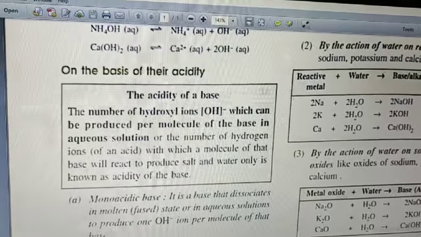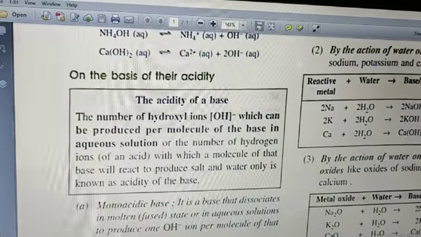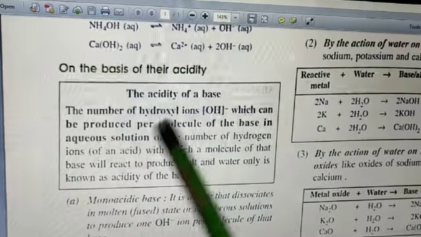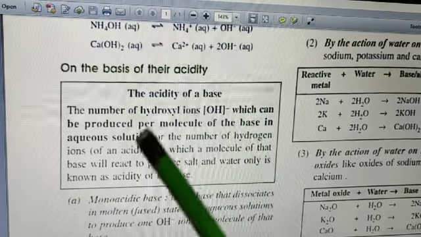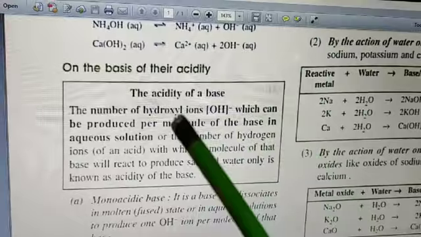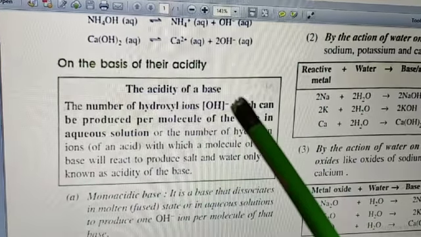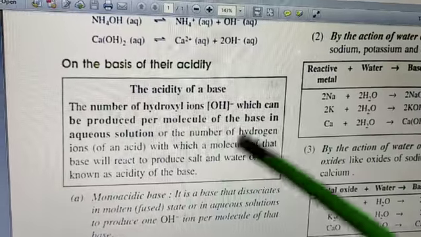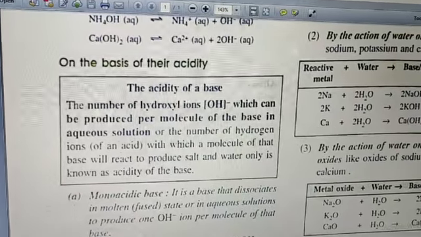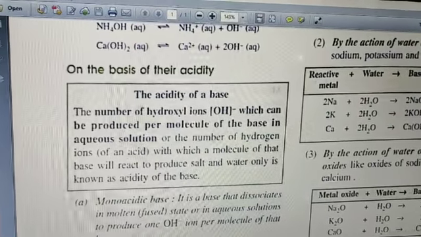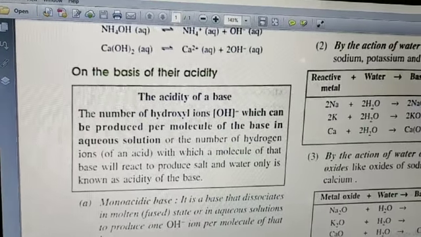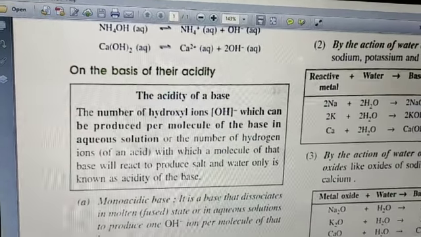The definition tells us that the number of hydroxyl ions which can be produced per molecule of the base in aqueous solution is called the acidity of a base. If you take a base, for example sodium hydroxide, and dissolve it in water, it will produce one OH minus ion. That means one OH minus ion will be the acidity of that base.